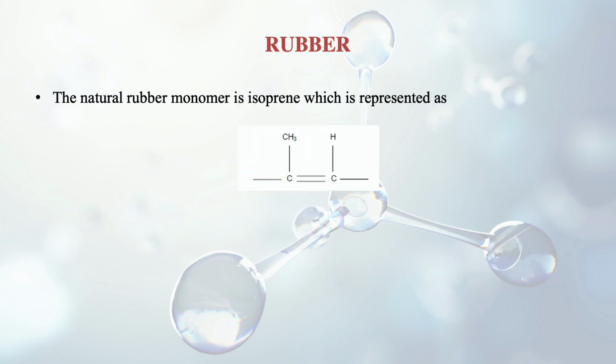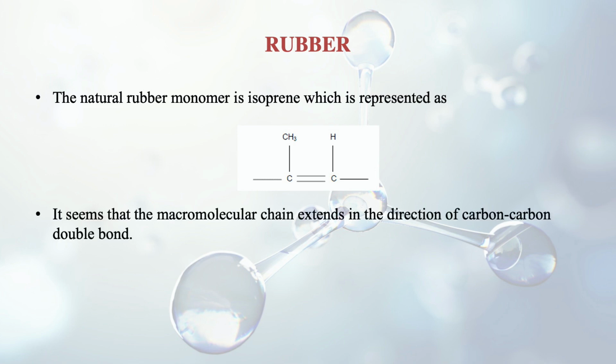So here you see the natural rubber monomer, which is isoprene as told earlier. You can see here there is a double bond between the carbon atoms, then there is the H atom and the CH3 group. So this is isoprene, and this double bond breaks and opens up and can combine with other similar monomers and form a polymer.